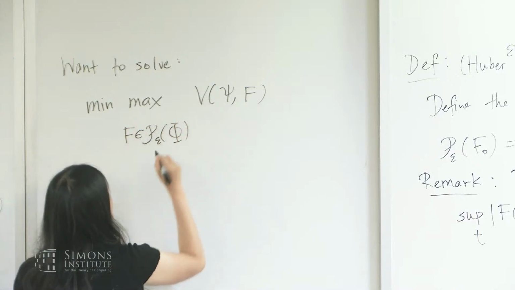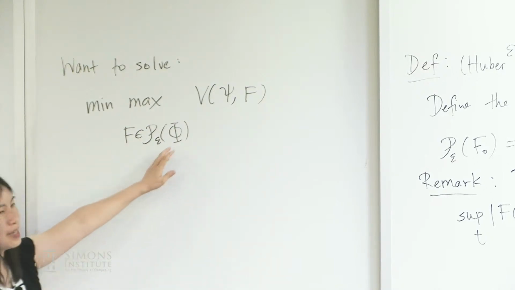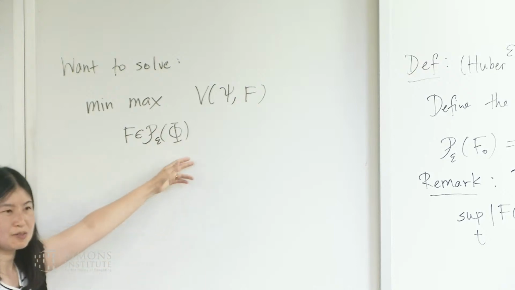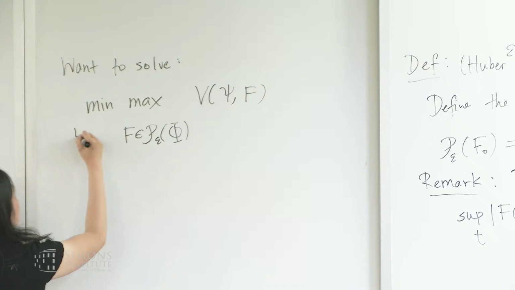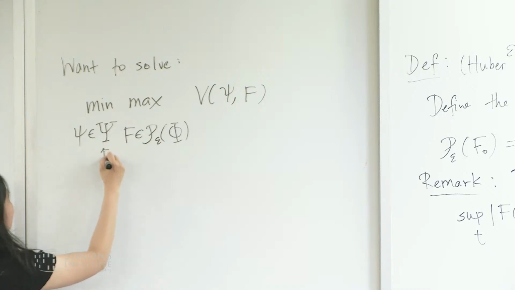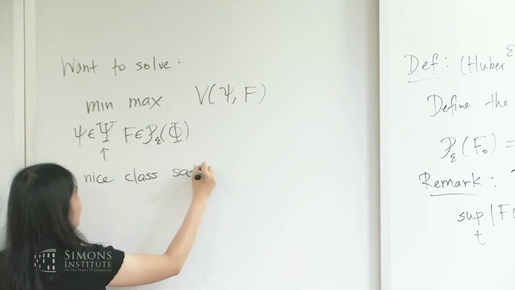We're going to use standard normal. Actually, Huber loss is optimal if you use standard normal. There's a more general statement that says what the right loss should be if you use a different distribution, but let's deal with standard normal. Now what's the min over? The min is over all psi in some nice class. You might not like this very much, but let's call this nice class satisfying regularity conditions.